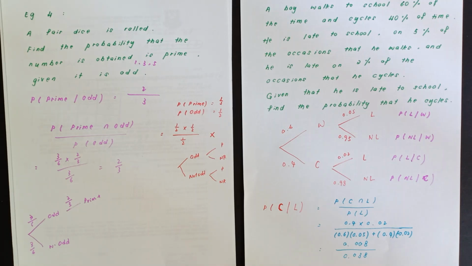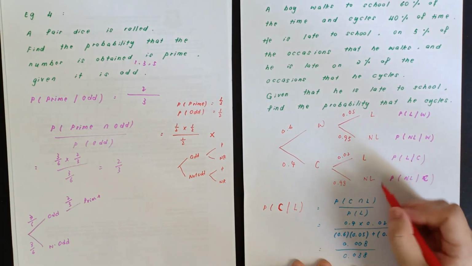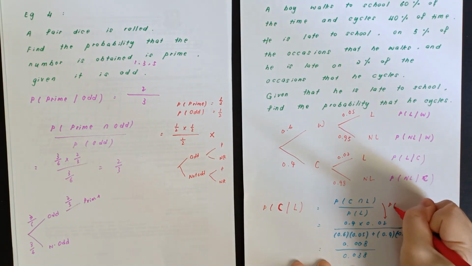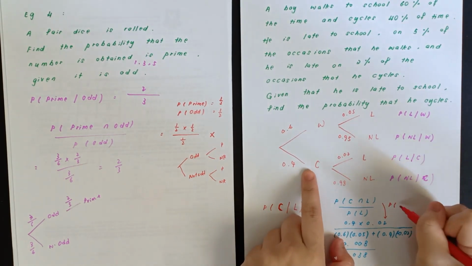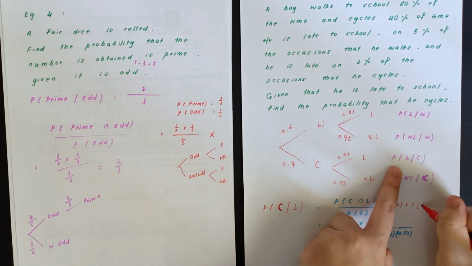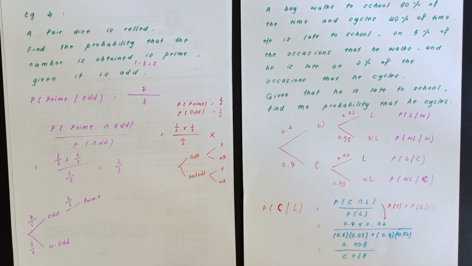Okay, you see whether you realize or not, what I am doing here is probability of C times probability of L given C. This is how I do 0.4 times 0.02. Actually, I am not doing this. This is what you guys have thought you have been doing.